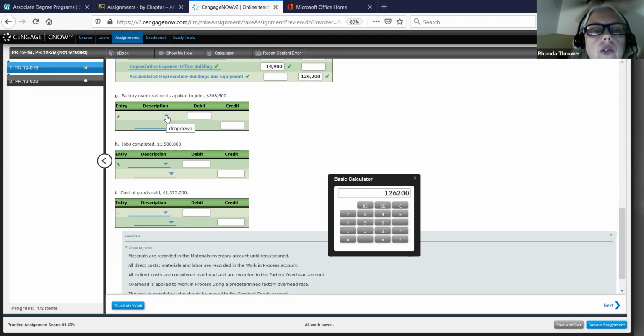The work in process is going to hold our direct materials, our direct labor, and our applied factory overhead on the debit side. So our work in process is going to be debited for $568,500.